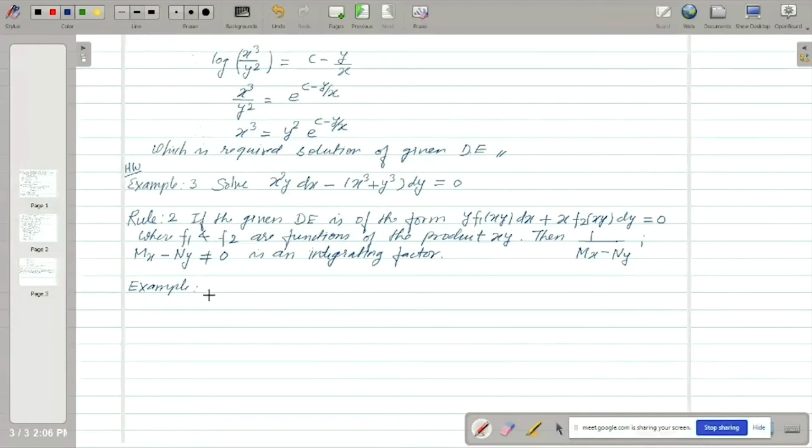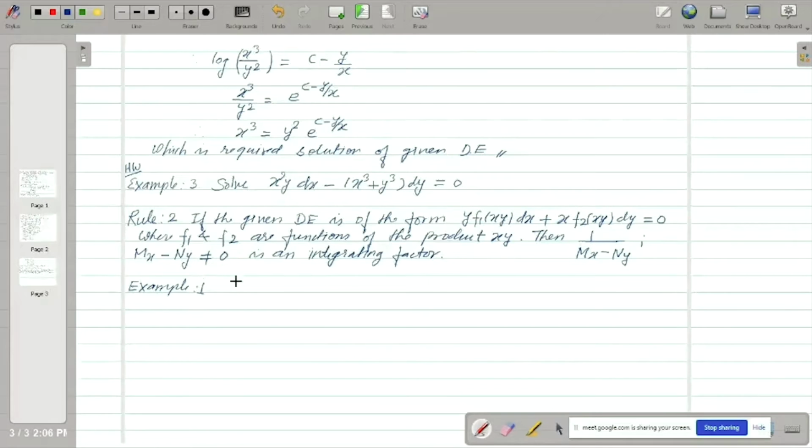Your rule number 2 says that if the given differential equation is of the form y f1 xy dx plus x f2 xy dy equals 0, where f1 and f2 are functions of the product xy, then the reciprocal 1 upon mx minus ny is an integrating factor, but the condition is that the denominator must be non-zero. Getting? So let us do the problem.